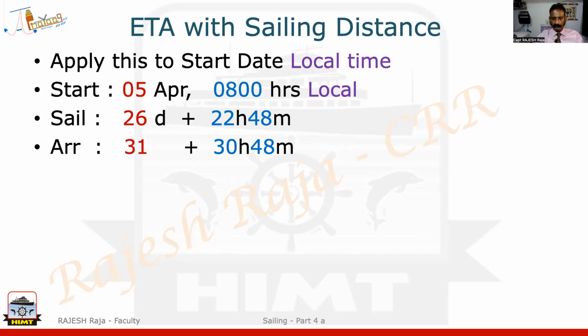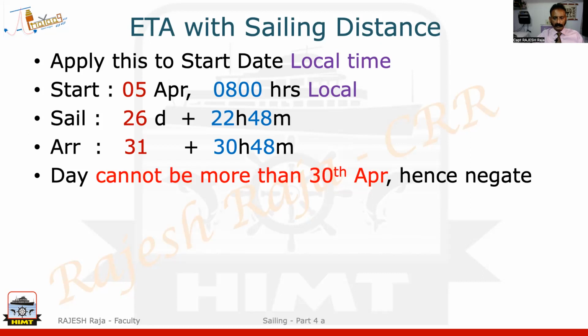I need to do a little bit of modification. Your day cannot be more than 30 in April. So I need to negate 30, which will give me 1st May, and time is 3048.